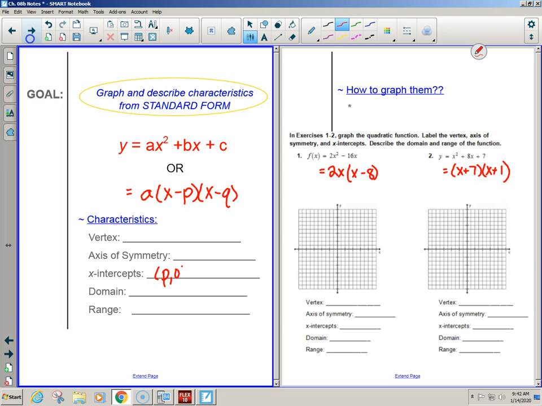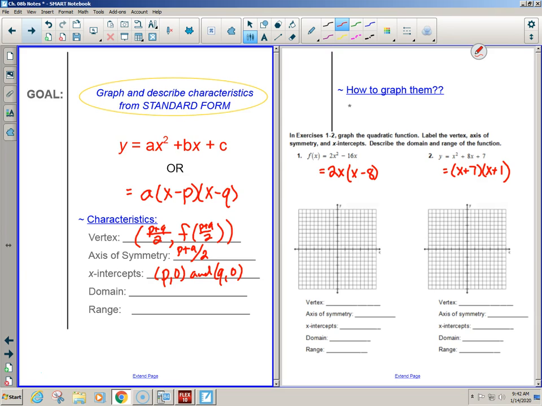We have stuff like automatic points that we get to put in. We have that nifty formula that we looked at yesterday. We saw that you can actually get the vertex just by plugging in that x value. You can do all kinds of stuff if you have it in this form.